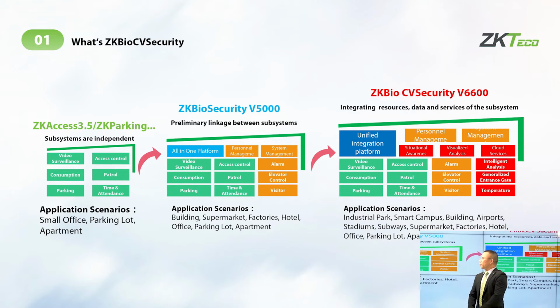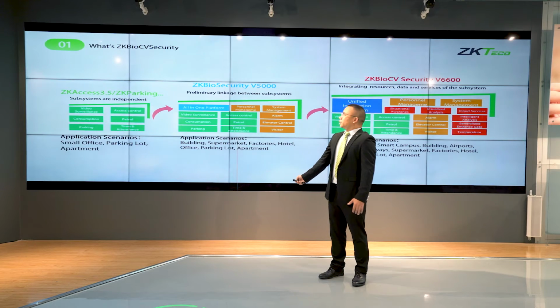Also, we add the temperature module and all the new technology, with the target to enhance and strengthen our total solutions to be more secure and smarter. From this diagram, another interesting piece of information is that across the different generations, our software and solutions' ability is scaled to another level.